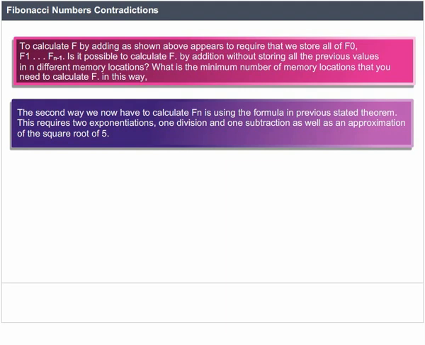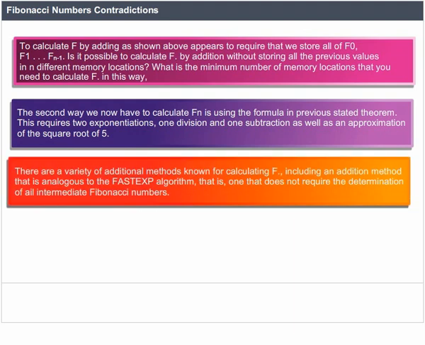This requires two exponentiations, one division and one subtraction, as well as an approximation of the square root of 5. There are a variety of additional methods known for calculating Fn, including an addition method that is analogous to the FAST-EXP algorithm, that is, one that does not require the determination of all intermediate Fibonacci numbers.